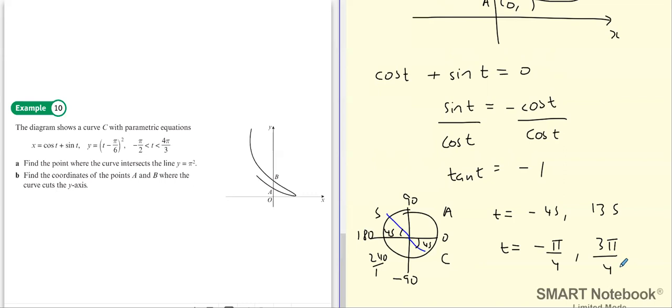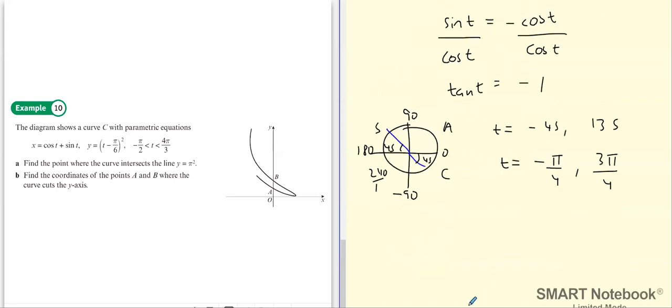And they're both in the range. Once we have those t values, what are we going to do with them?